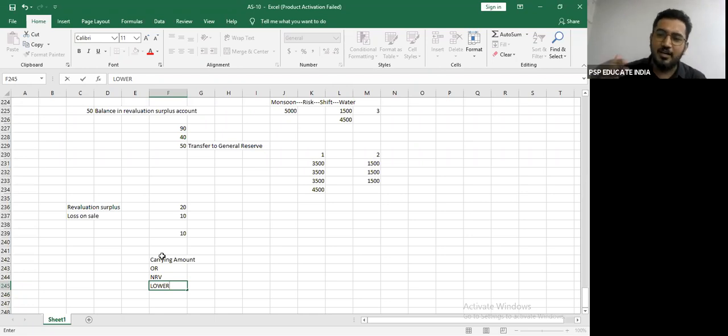So we will take the lower of the two, carrying amount or net realizable value.